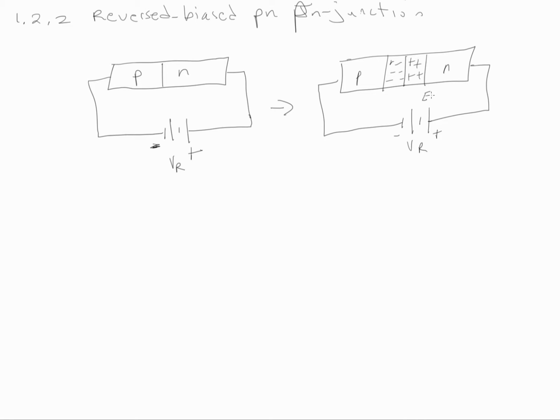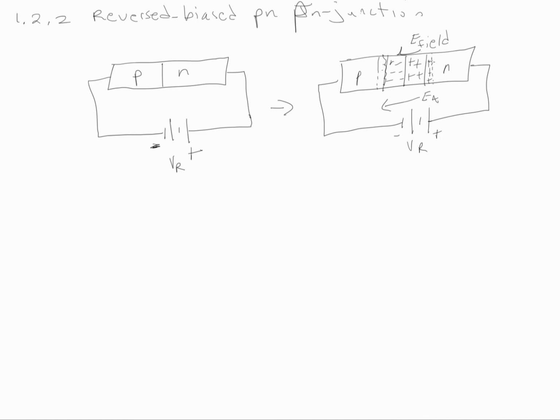So we have E applied going in this direction, and E for the depletion region, which I think is called E field in the book, going in that direction. They add to each other, and the net effect is that the depletion region grows. It gets bigger. We have more negative on this side and more positive on that side.